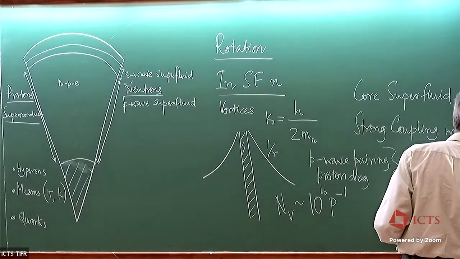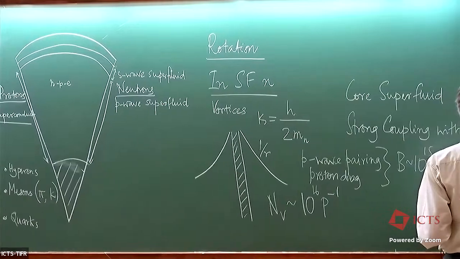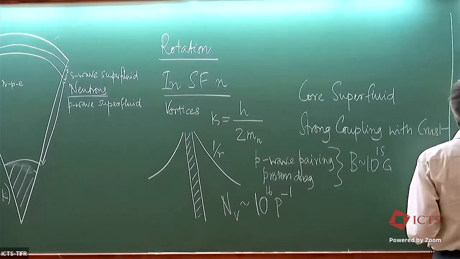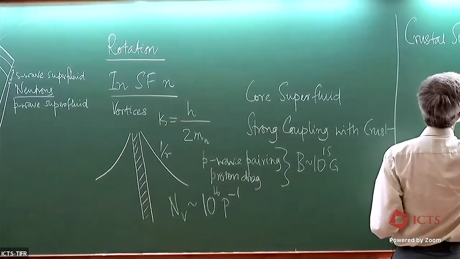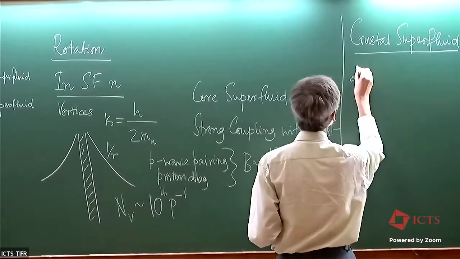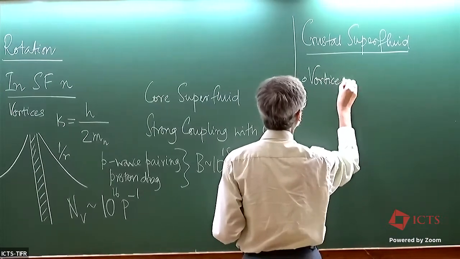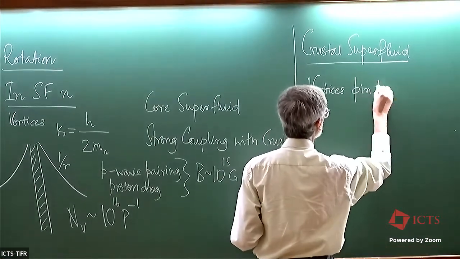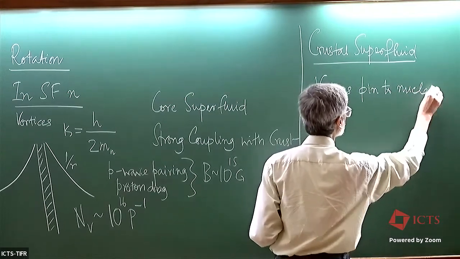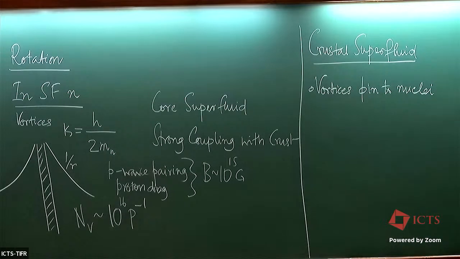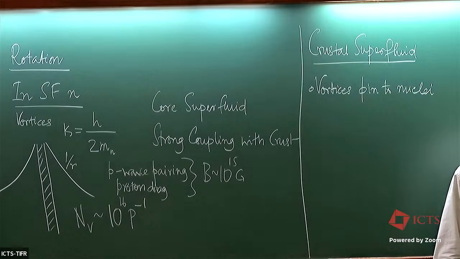But for the crustal superfluid, here we have vortices pinned into nuclei. Nuclei are rotating along with the crust. So a similar situation then operates, that the vortices, because they are pinned to nuclei, now rotate at a rate determined by the crust.